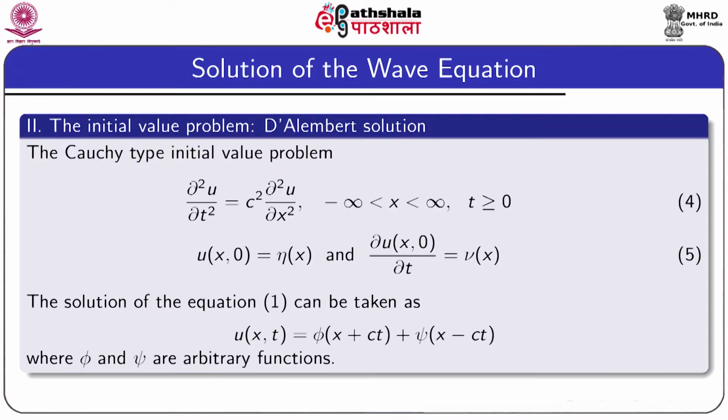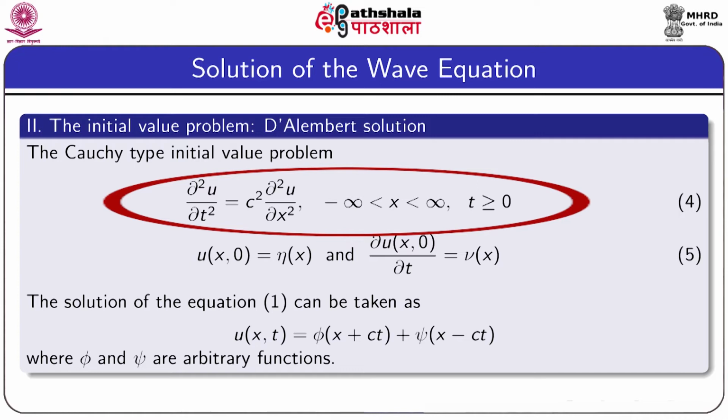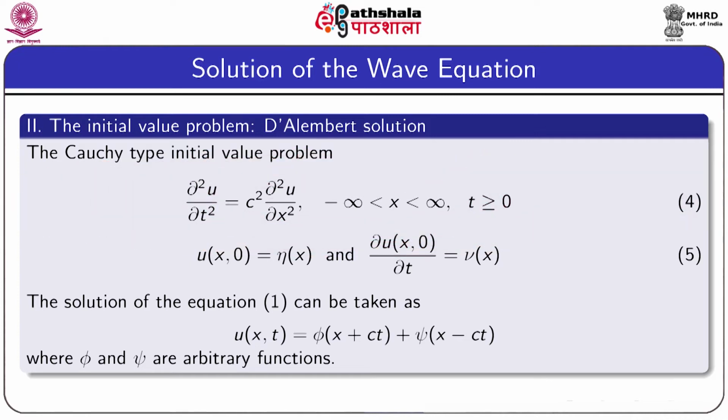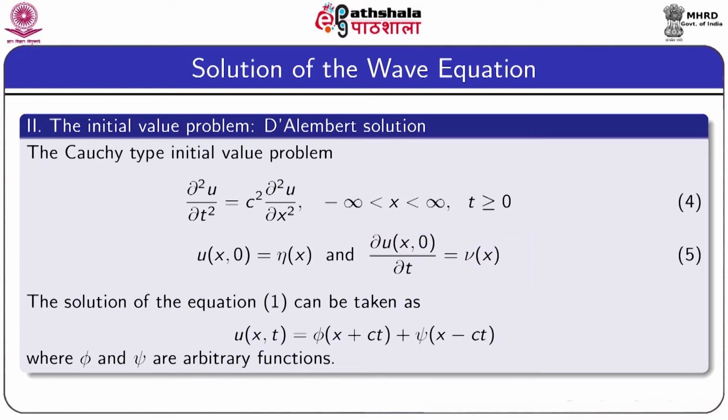Suppose we have the Cauchy type initial value problem, which is written by equations 4 and 5. Equation 4 is nothing but the one-dimensional wave equation, and equation 5 is the initial condition, which says that u(x, 0) = η(x) and ∂u/∂t at t = 0 equals ν(x).